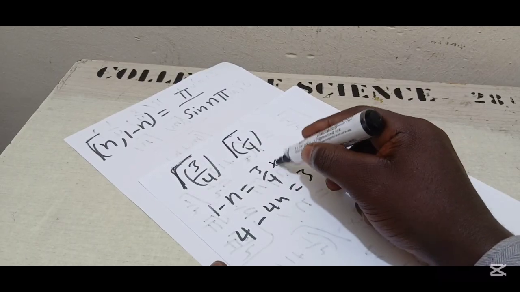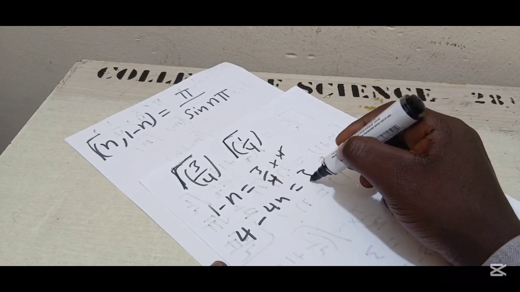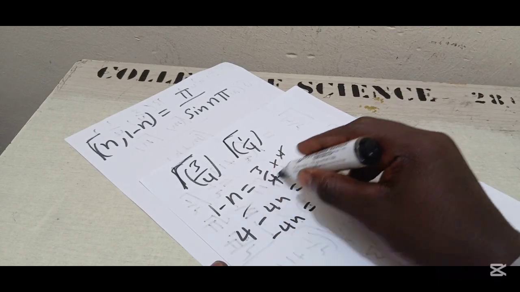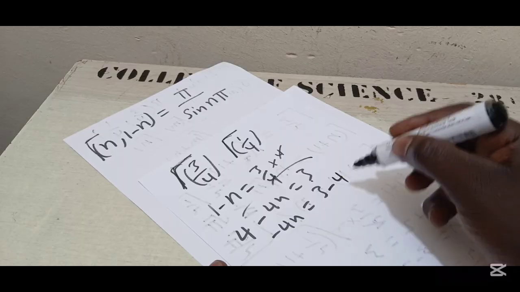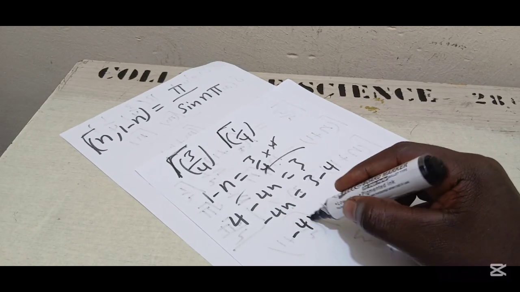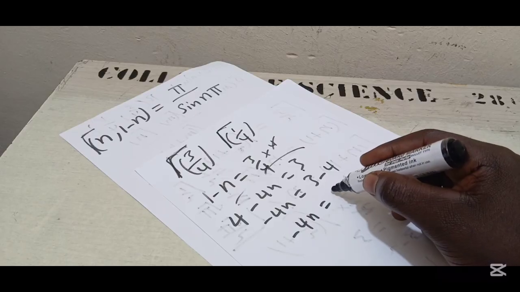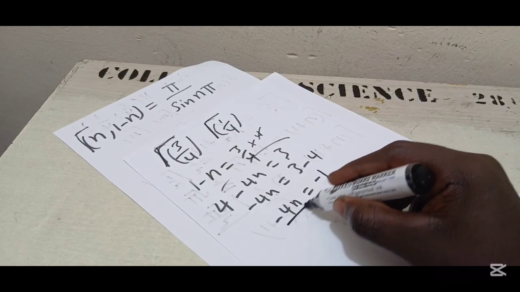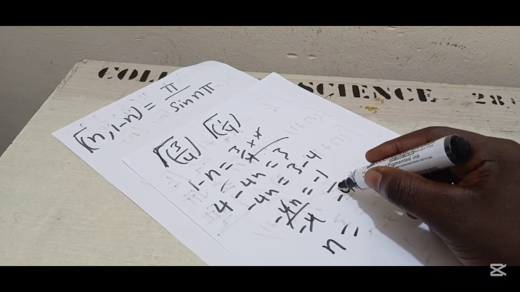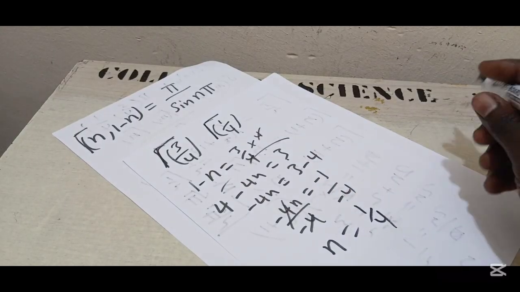So minus 4n equals 3 minus 4, which gives minus 4n equal to minus 1. Dividing by minus 4, my n should be equal to positive 1 on 4.